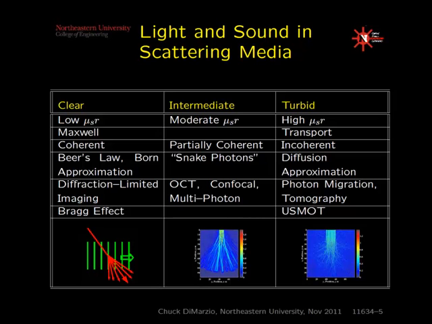The interaction of light and ultrasound here is considerably more complicated. That's what I'm going to talk about. In the intermediate area, we should remember that there are materials that are somewhat scattering, but not so scattering as these highly turbid media. And in that case, we have to have a theory that's somewhere in between.